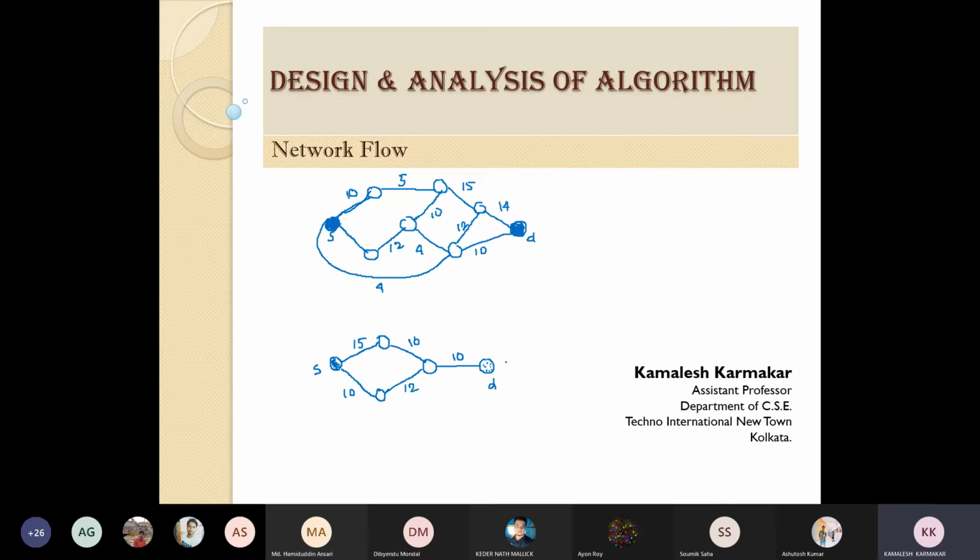What do you think the maximum flow will be? If this problem is given, you don't know any algorithm to solve it, but you have to find out what the maximum flow can be. I'm putting some labels here: S, T, U, V and T. The capacity of the link ST is 15.